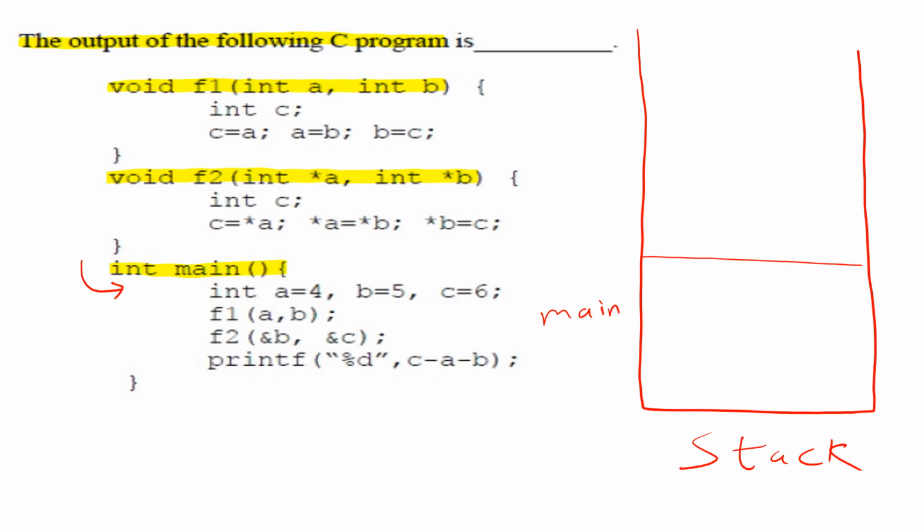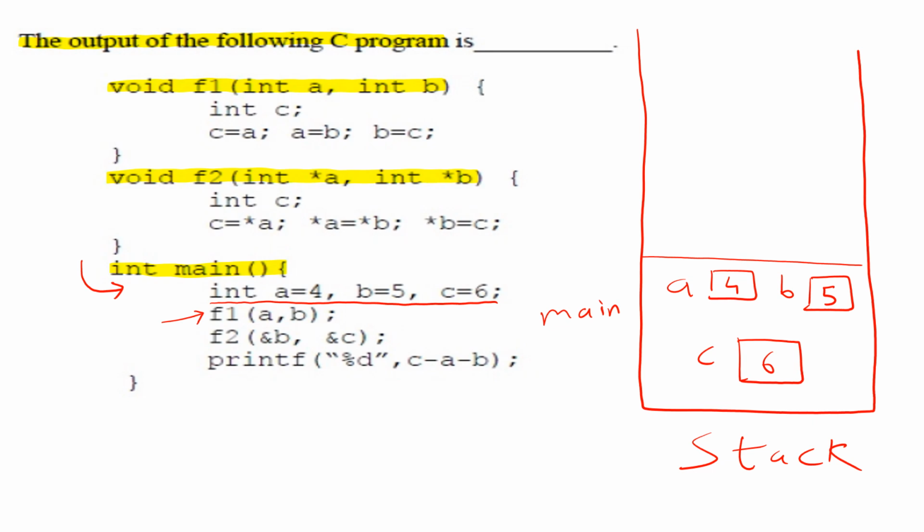What it will contain? It will contain memory for the local variables of main. So A with value 4, B with value 5, and C with value 6. Then the next statement is we are giving call to function F1.